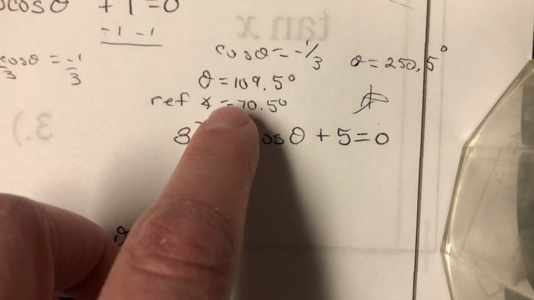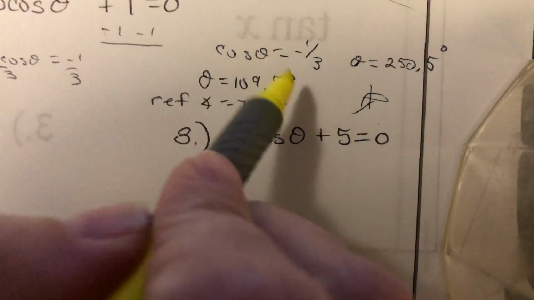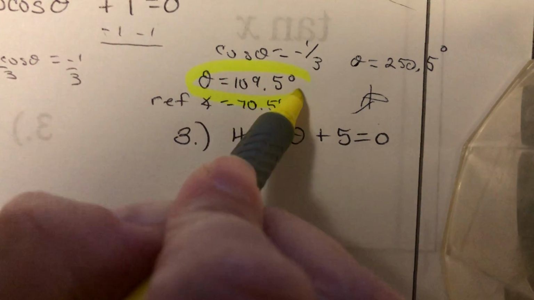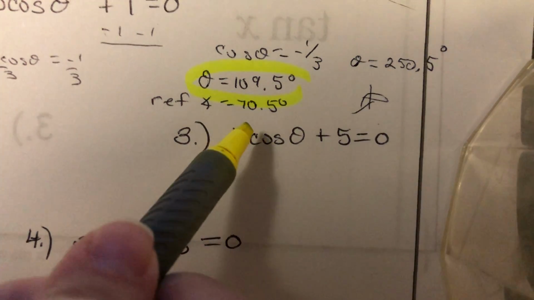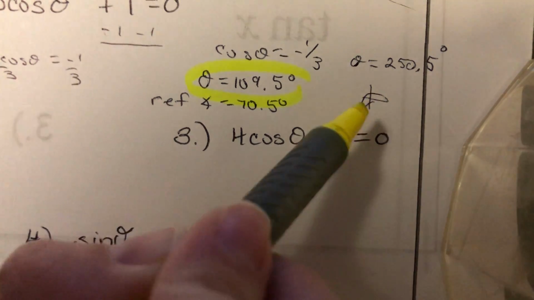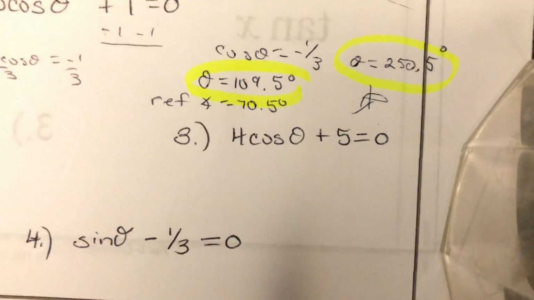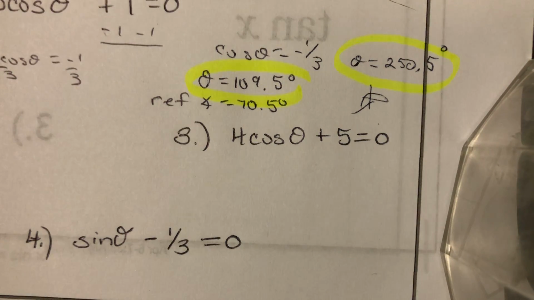But once I find the reference angle, don't write it down as an answer. Your only 2 answers will be the 109.5 degrees, and if you add, as you can see in my picture, 90 plus 90, or simply 180 plus the 70.5, you get the second final answer of 250.5 degrees.